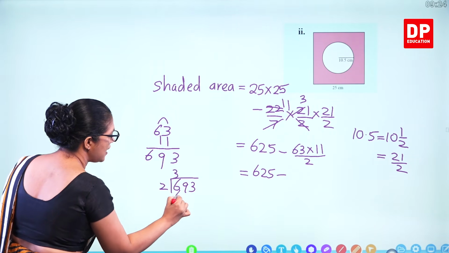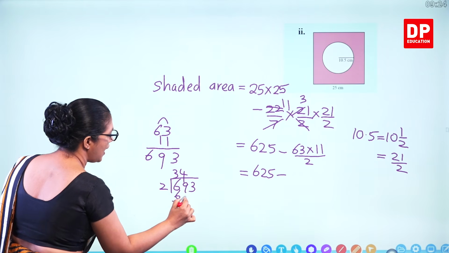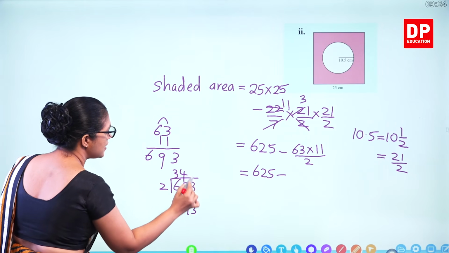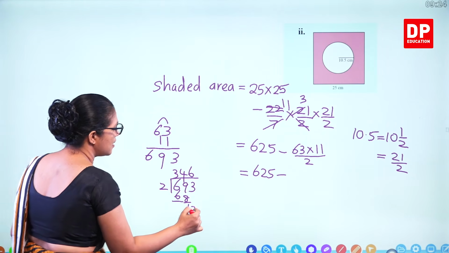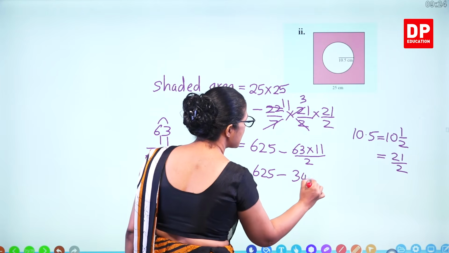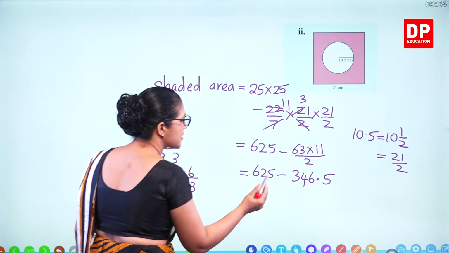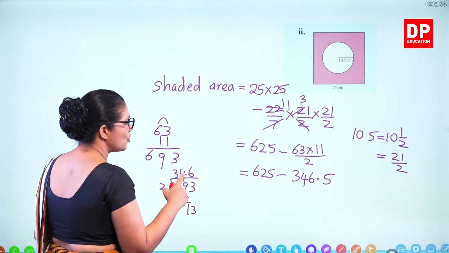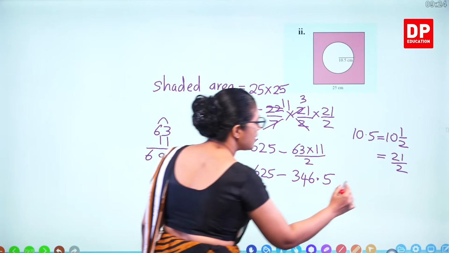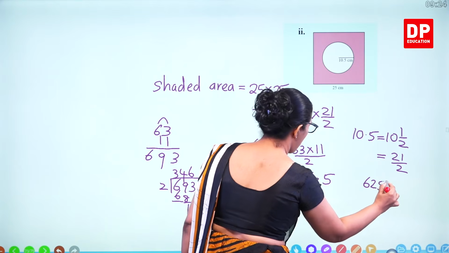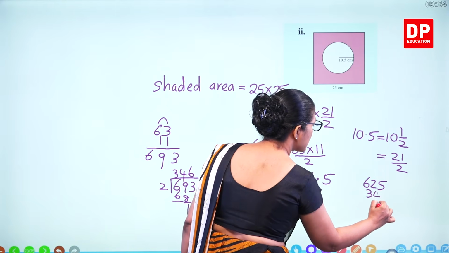2 times 3. 2 times 4, 8, and for 13, that's 6. 346.5. Now subtract these two. So you get 625 minus 346.5.